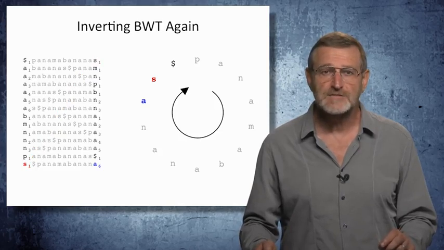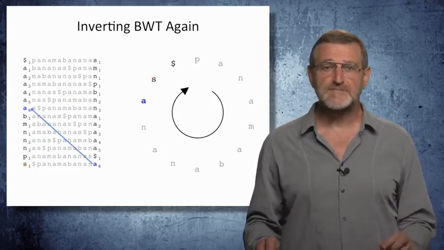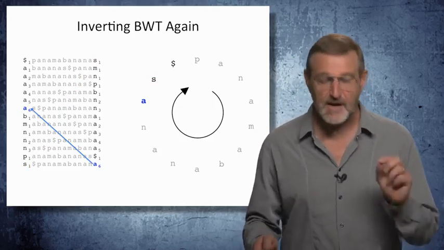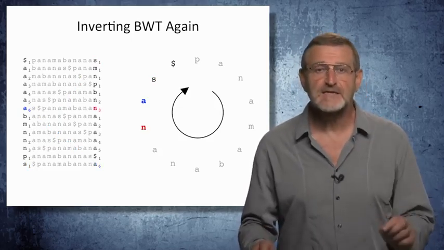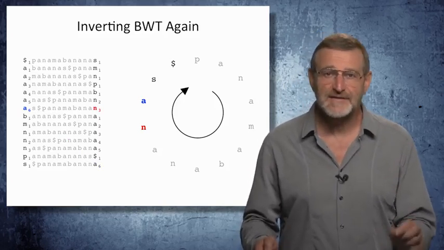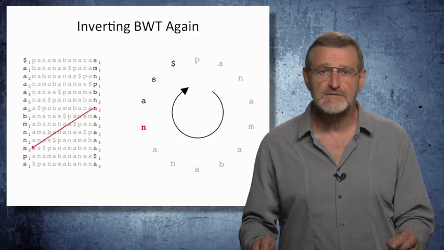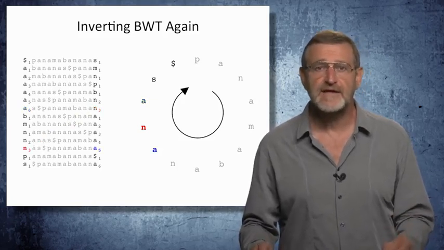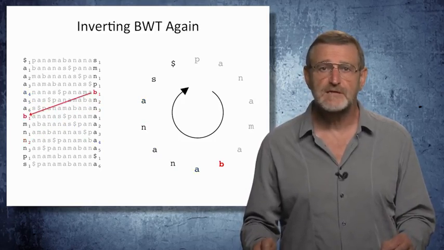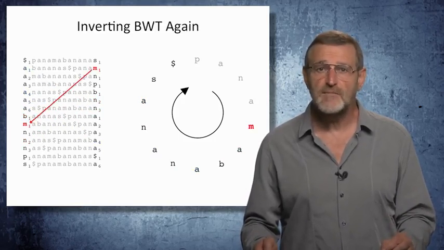Let's ask the same question about the second A. And the second A is hiding once again in the same position along the circle, both for the first column and for the last column, right after Pan. The next question we will ask, where is the third A hiding? And it's once again hiding in the same position, the same here, the same here, and the same here.